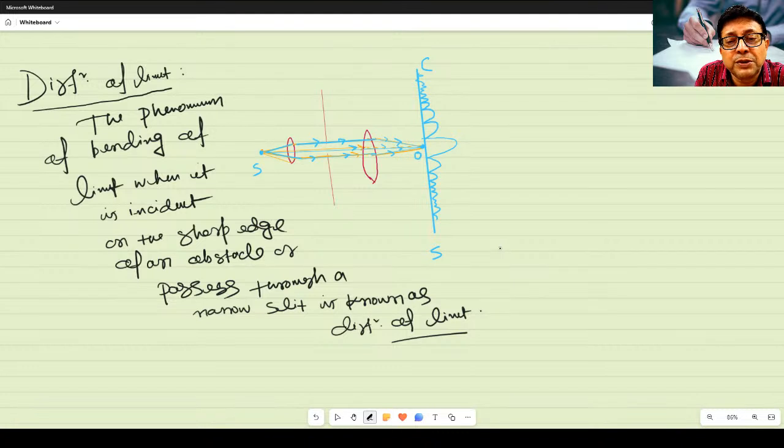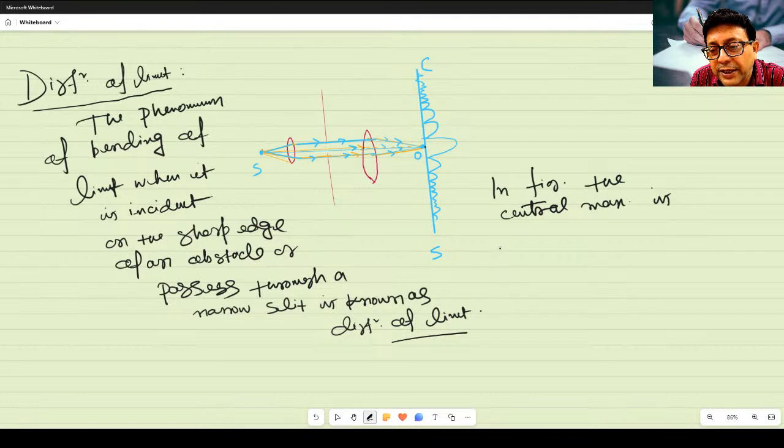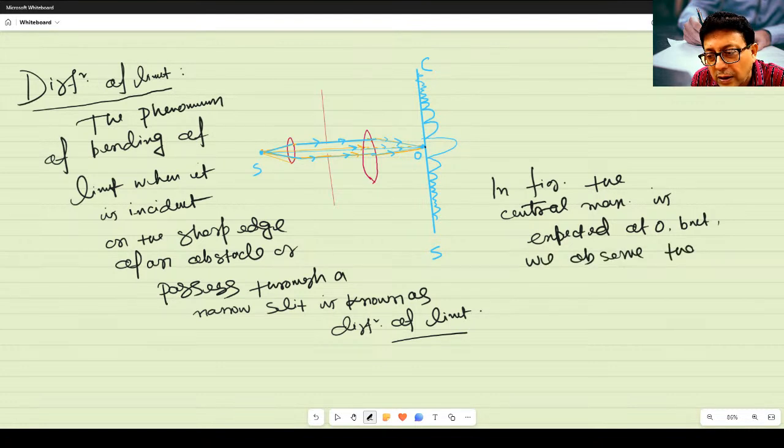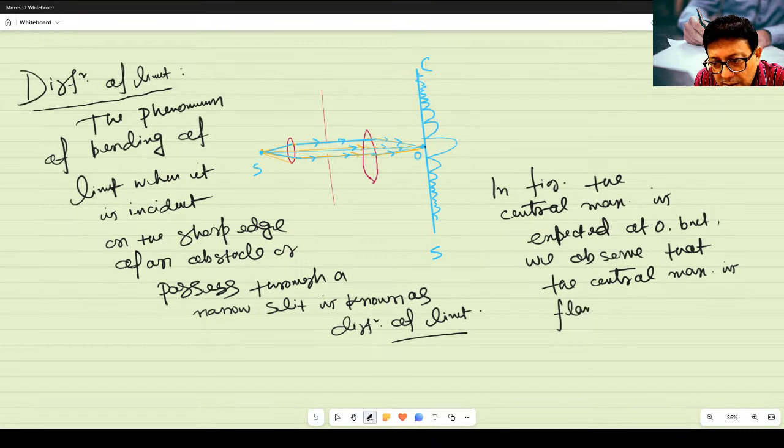So here what is happening, you have understood. In this diagram, the central maximum is expected at O, but we observe that the central maximum is flanked by several maxima or minima.